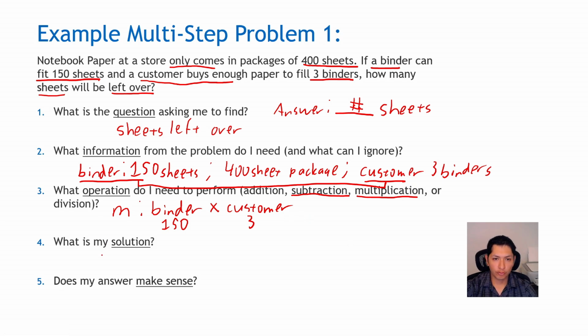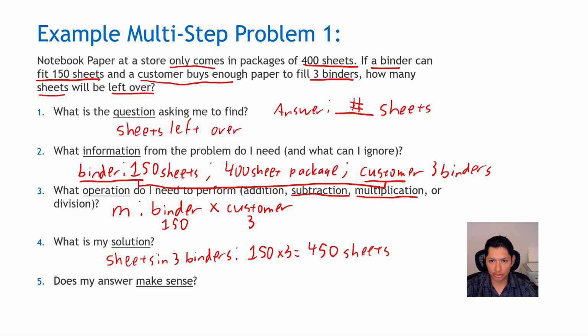So number 4 is, what is my solution? The first thing I'm going to do is find how many sheets are in 3 binders. And that is 150 times 3 binders, and that gives me 450 sheets. That's one operation. Now, the customer bought enough packages of paper to fill 450 sheets.